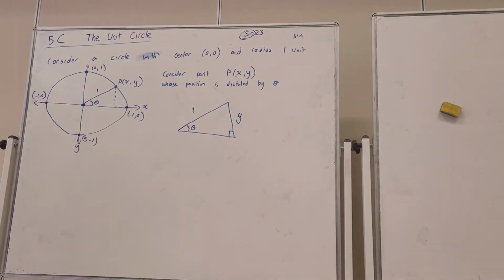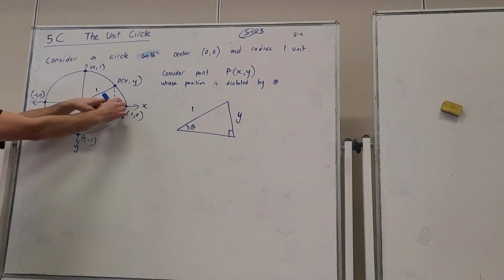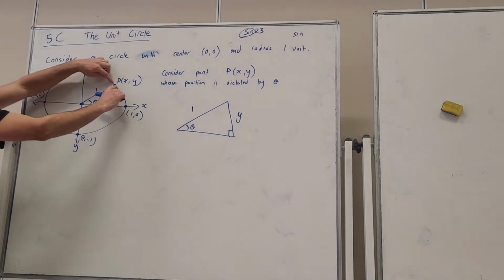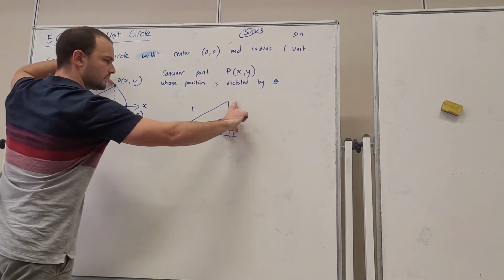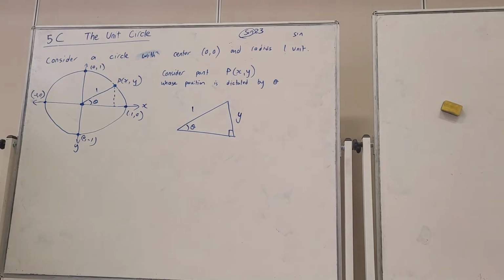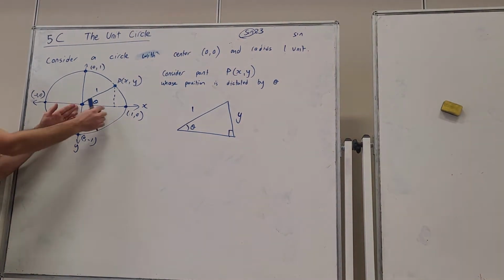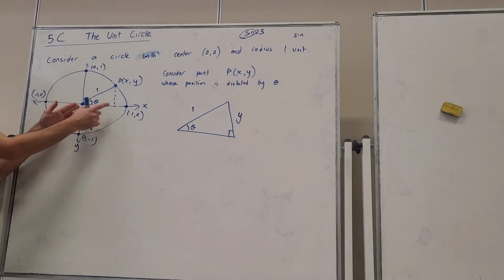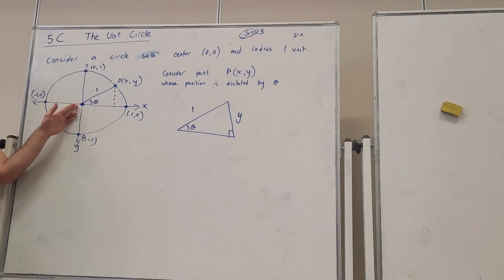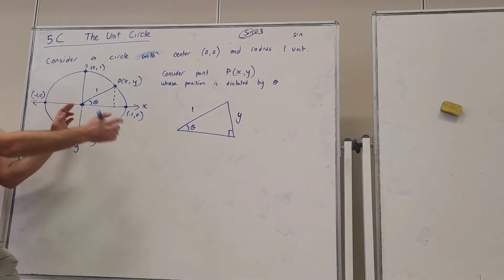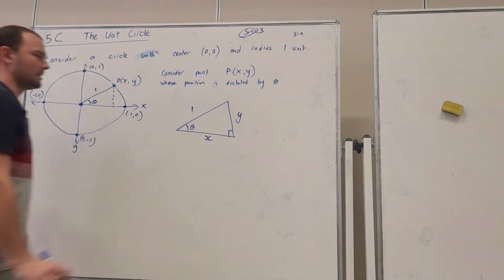Whatever the y coordinate is, could be anything between 0 and 1, the height of the triangle is going to be y. And similarly, the distance from here to here is going to be x, because starting at 0, it has an x coordinate, could be 0.5, 0.8, whatever it is, this value here is going to be x.